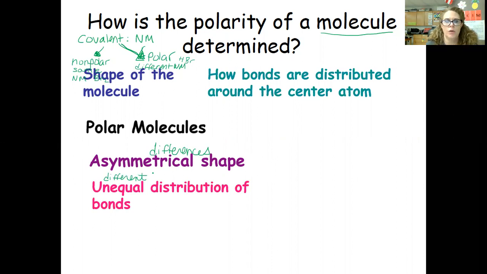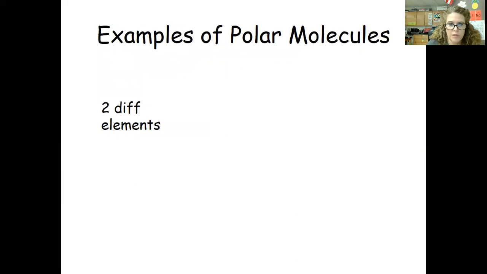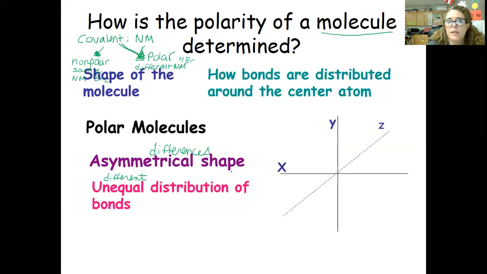Let's take a look at what I mean. If I have a line of symmetry, or two lines of symmetry, one line of symmetry does not make something symmetrical. If I have my X, Y, Z planes in three dimensions, that's what we call a polar molecule.